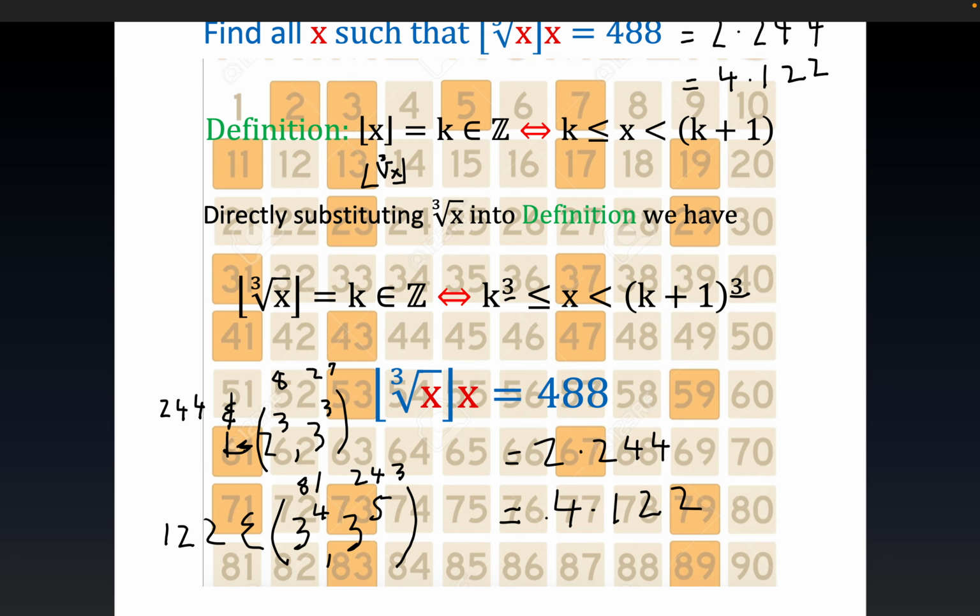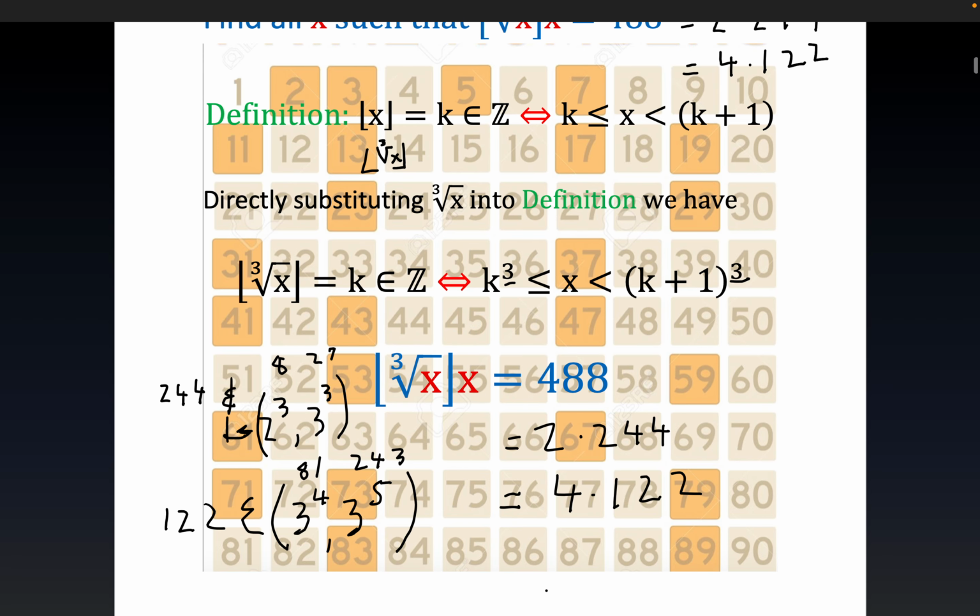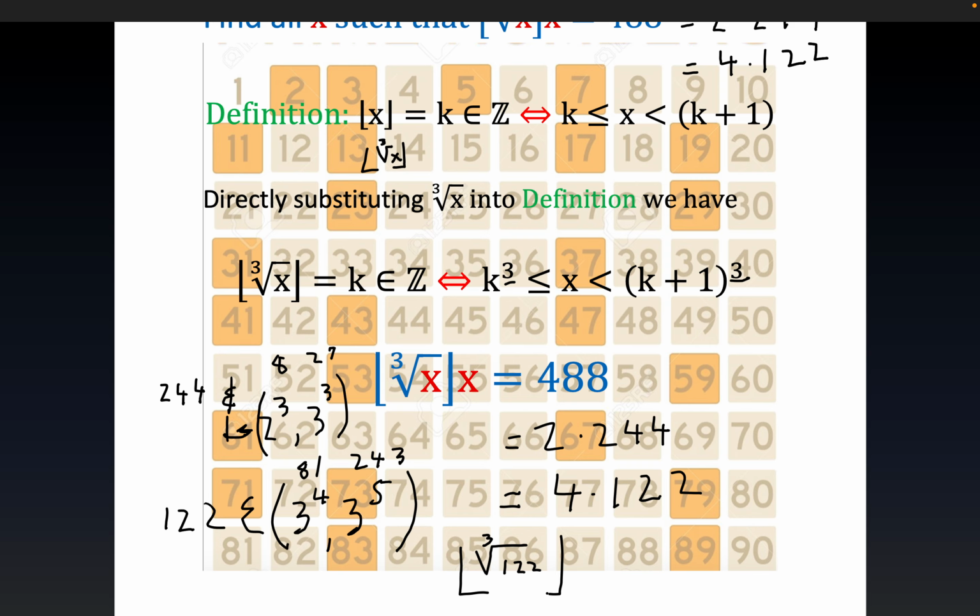For this choice, I'll just write it out down here, you would have the floor of the cubed root of 122 times 122.